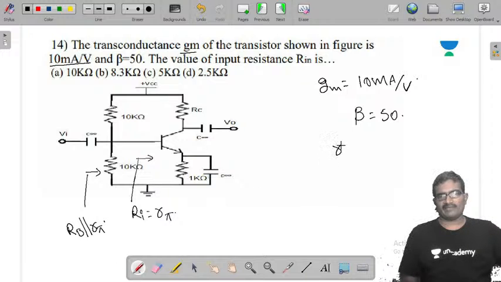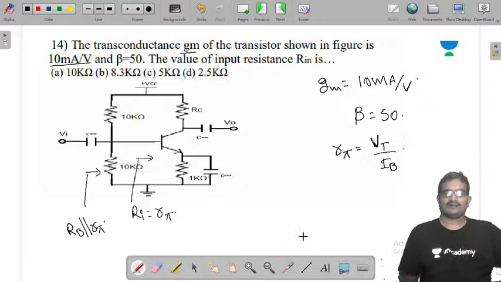Now the R pi value is VT by IB. And they given GM. So GM is, we know that, IC by VT. VT is 25 millivolts. Okay.